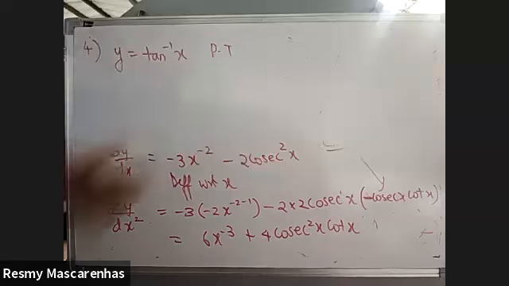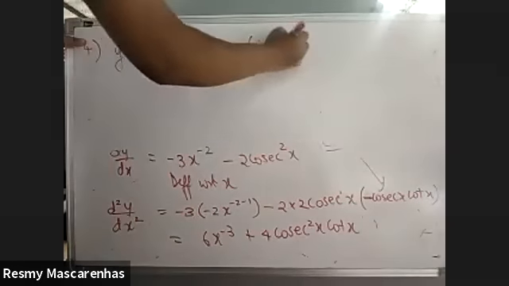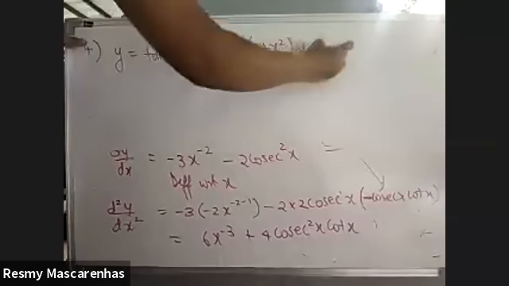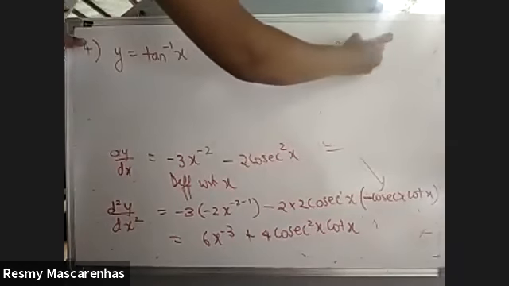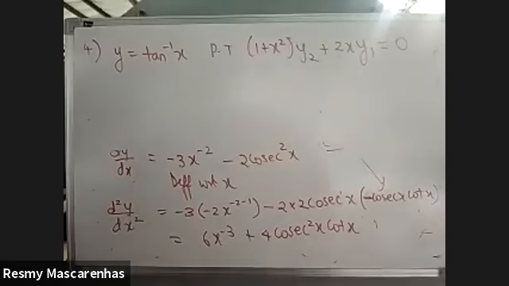From here onwards, you can expect these are like question paper type problems. Prove that, if y is equal to tan inverse x, prove that 1 plus x square into y2 plus 2x y1 is equal to 0.